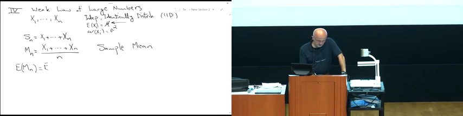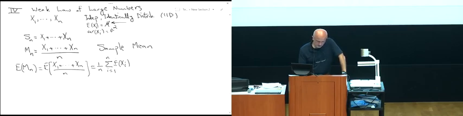So this is the expected value of all these terms divided by n. What do I do with the n? Take it out. And then the expected value of the sum is what? Sum of the expected values.